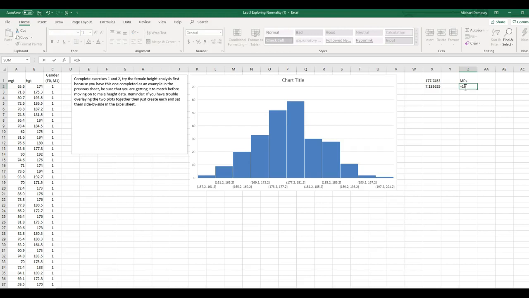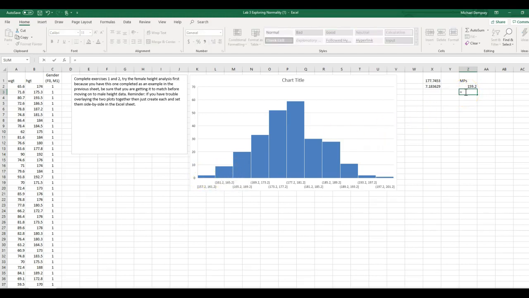I'm going to do, oops, let's start with the parentheses, 161.2, and then I'm going to add that to 157.2. And then what I want to do to get that midpoint is divide that by 2. That'll find me the dead middle of that bin, right? 159.2. Hopefully this makes sense in a second as I do a couple more.